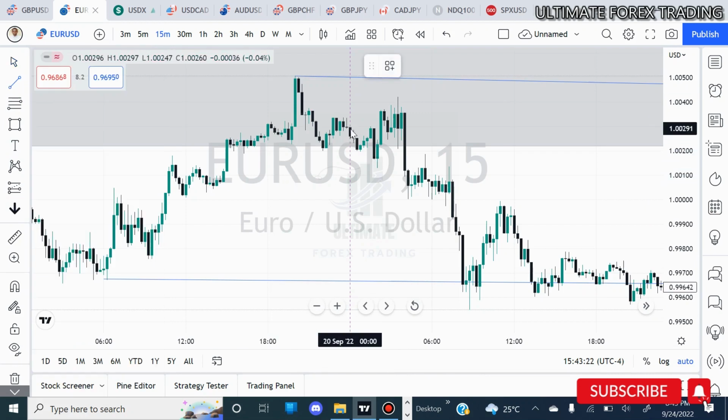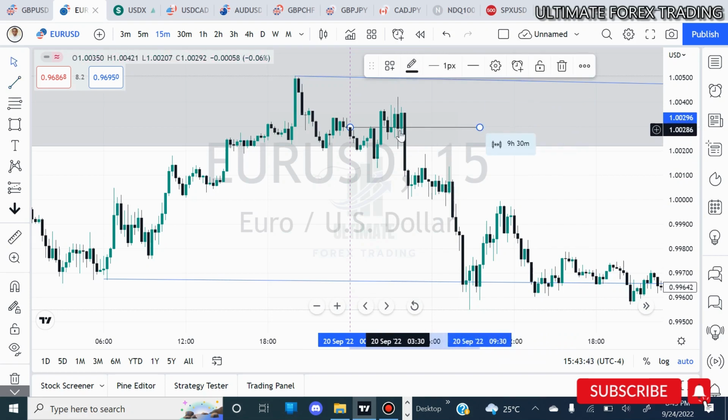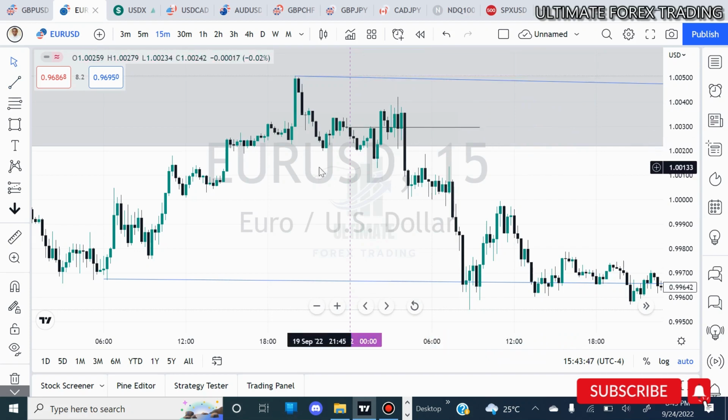Mark it because in a bearish scenario, if it is a bearish candle that you marked as your zero GMT, you are going to mark the high of the bearish candle. But if it is a bullish candle, you are going to mark the low of the, that is the opening price. That is what you mark.